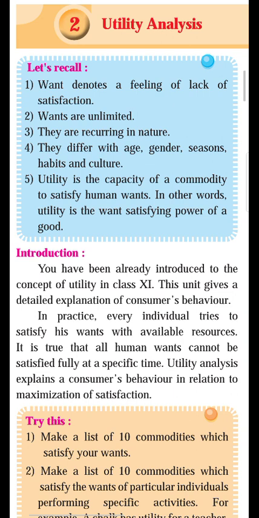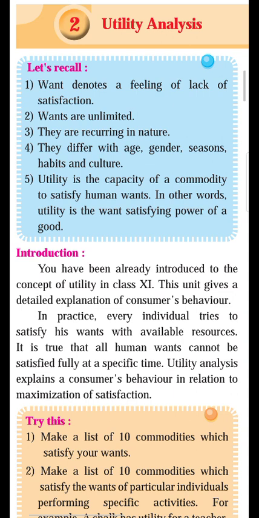Second, we can say wants are recurring in nature, means it is repeatedly, it is frequently happening. The wants differ from age to age, gender to gender, and season to season, habits and culture. It means different people have different wants as per their age, gender, season, habits and culture.